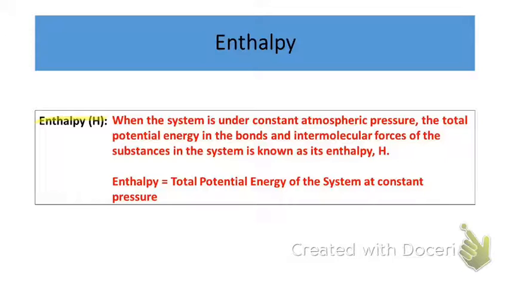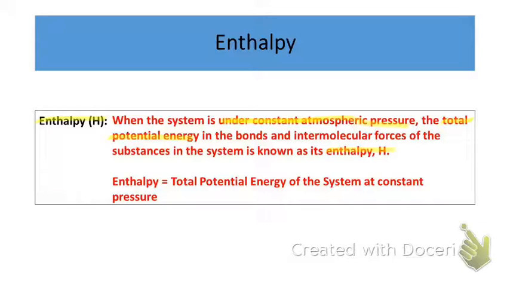When the system is under constant pressure, the total potential energy in the bonds and in the intermolecular forces of the substance is known as the system's enthalpy. So essentially, what we're saying is the total potential energy of a system is known as its enthalpy, as long as the pressure on the system is constant.